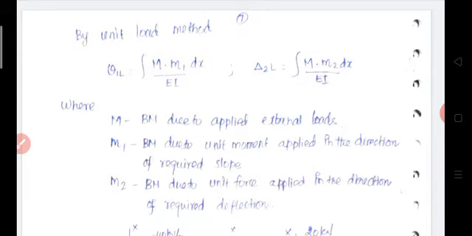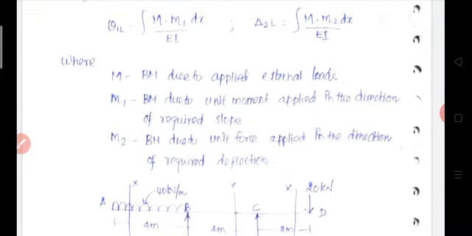So, in the unit load approach, if you want to determine the slope, we should apply a unit moment in the direction of the required slope. Then the deflection is equal to the integration of capital M into small m2 dx divided by EA, where m2 is the bending moment due to unit force applied in the direction of the required deflection. So, if you want the deflection, we should apply a unit force in the direction of the deflection required.